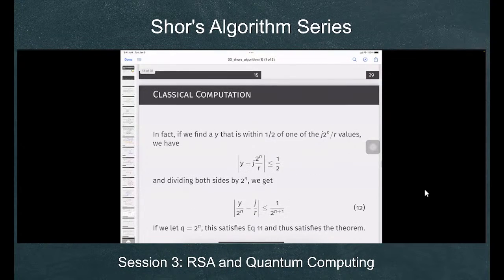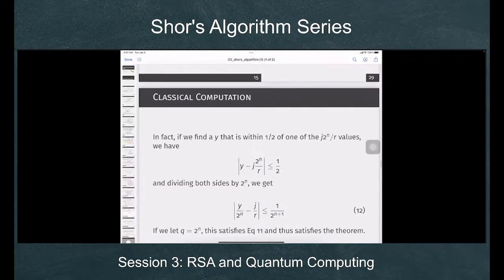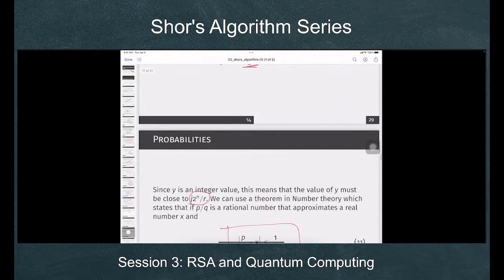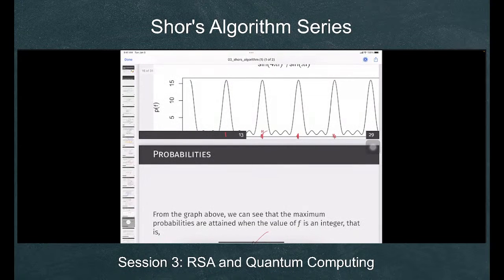In fact, we can find a y that is within 1/2 of the 2 to the n values. So if we go back here, we know that y is approximately equal to this one here. And if you take a look at this one here, these are the y's.